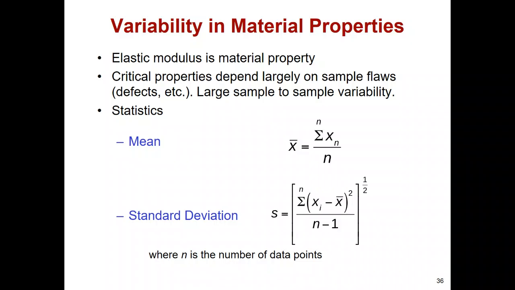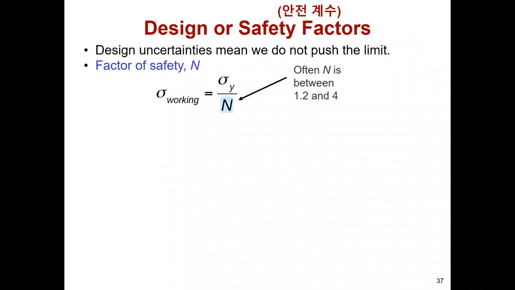There are many concepts for measuring material properties. However, when we measure material properties, there are some human errors. To reduce that kind of statistical error, we should know the concepts of mean and standard deviation. But this is a very simple case. The more important thing is the safety factor.